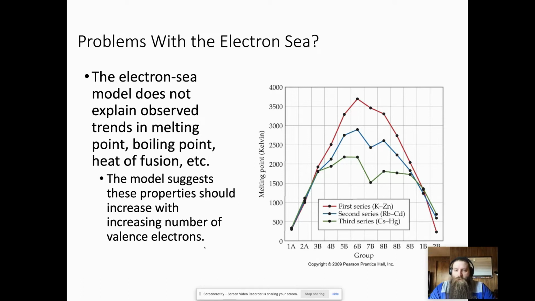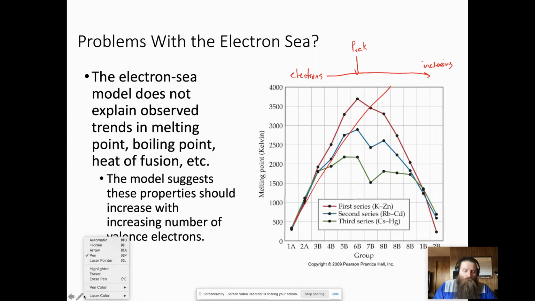That's not what we see when we look at the boiling points of the transition metals. We actually see that in the middle of the transition metal block, you have a peak. But the electrons are increasing all the way across. So electrons are increasing, and we would expect the actual line to look like that, but it doesn't.